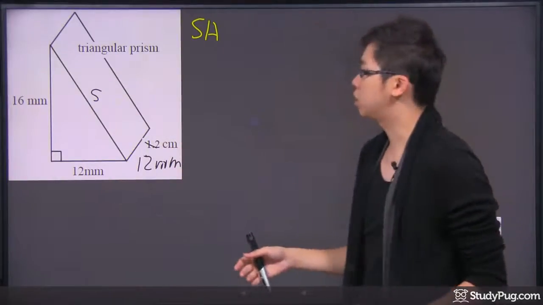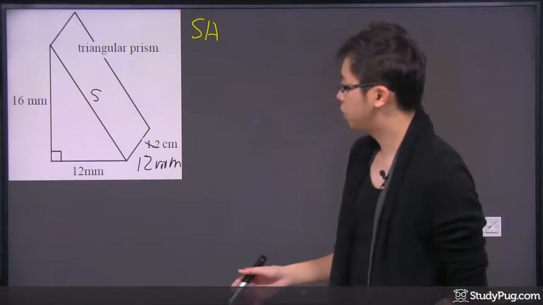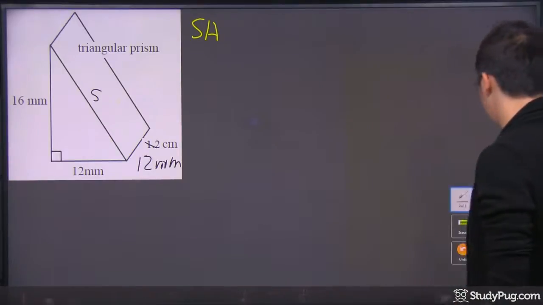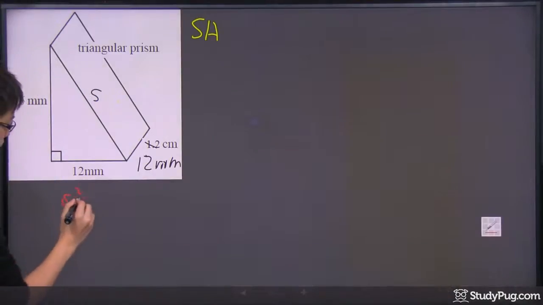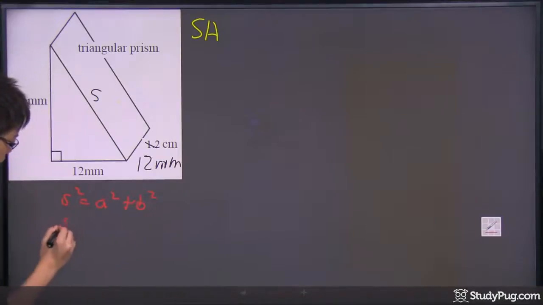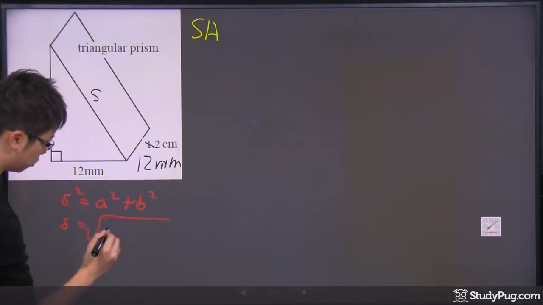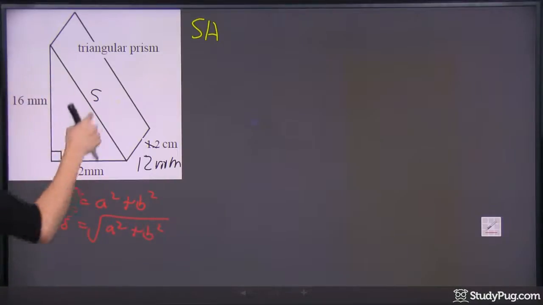That means you could use c squared equals a squared plus b squared. Let me see if I can find a little space right here to show you the work. Let me use that in red. Coming down over here, let's do the equation s squared equals a squared plus b squared. To find the s, you're going to square root whatever you have for the two sides. We're looking for this one right here.